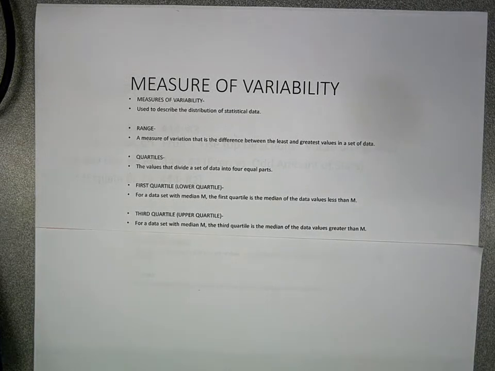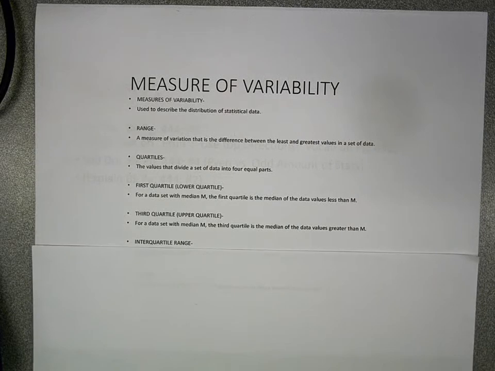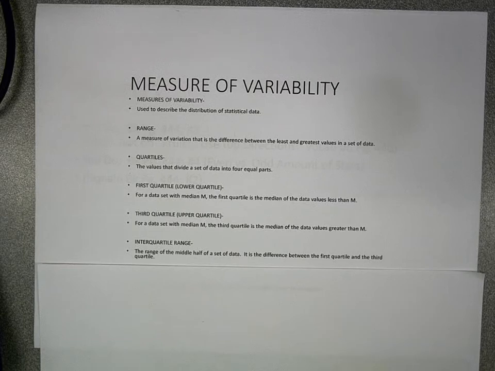And then we have something called the interquartile range. Everyone? Interquartile range. This is the range of the middle half of a set of data. This is a little more accurate: it's the difference between the first quartile and the third quartile.